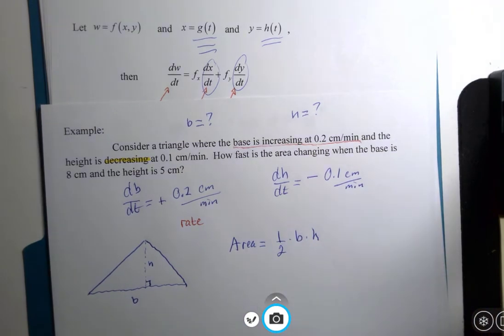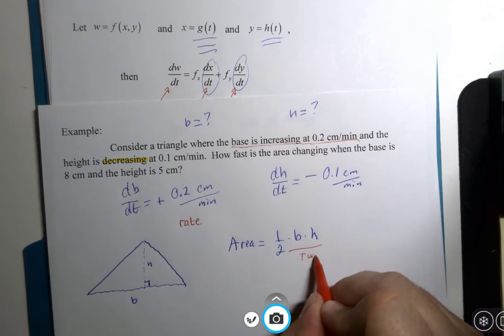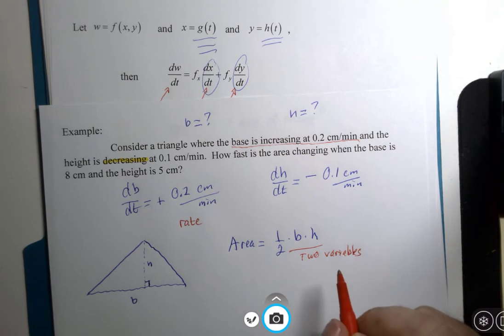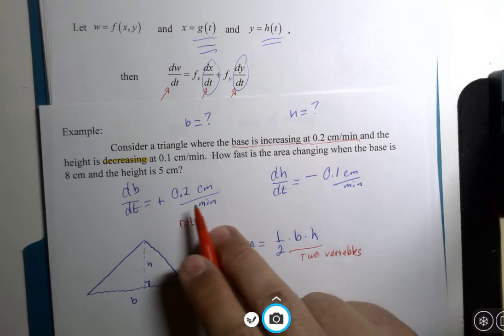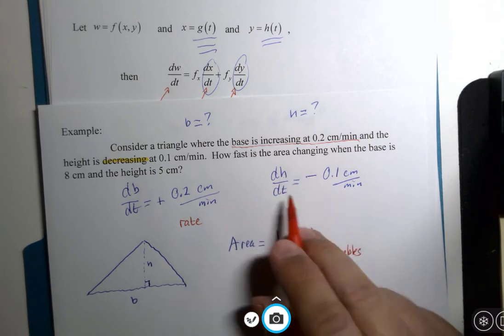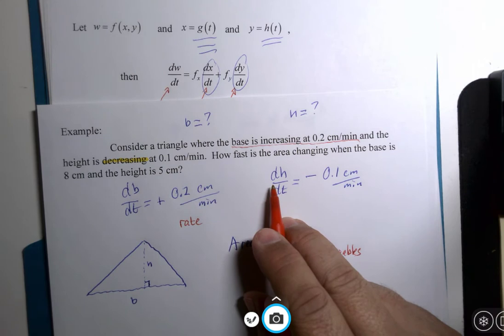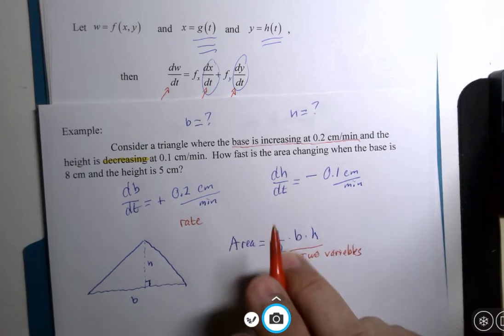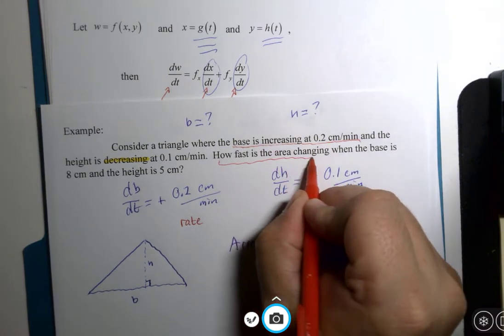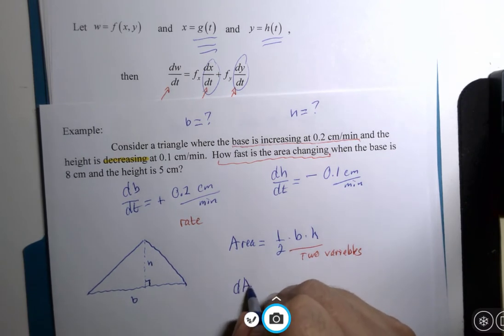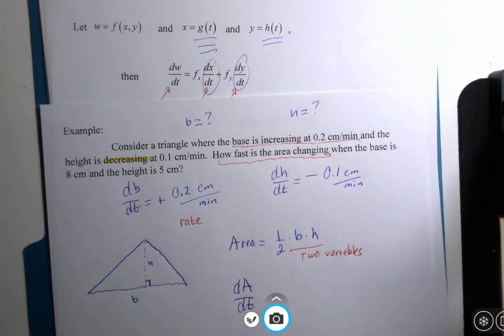Well, there we go. There are two variables here, but time is the one independent variable that's consistent in the whole problem. That's our single independent variable. It's independent of this. So according to this, the question actually is how fast is the area changing? And what that can be translated as is, what is dA dt?